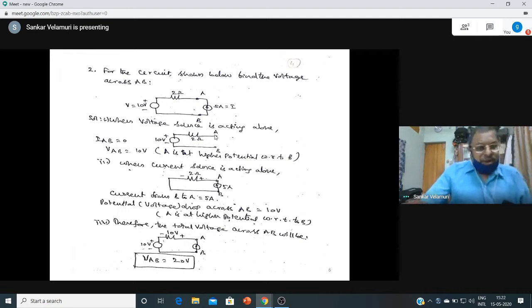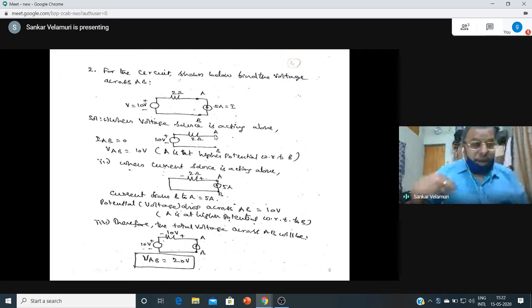Potential is the one obtained from infinity to a given point, so the difference between two points is the potential difference, measured in volts. That is why it is voltage. So that is the full clarity between voltage, potential difference and EMF.